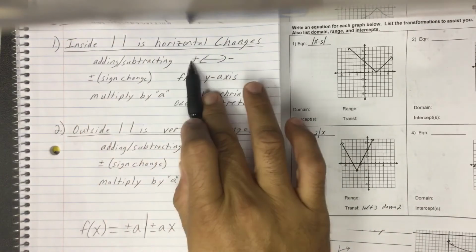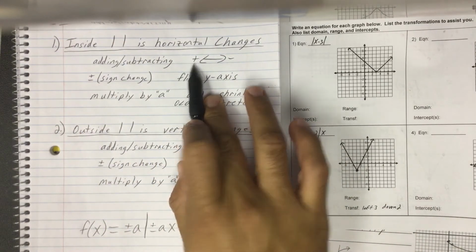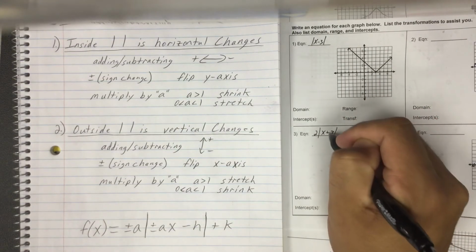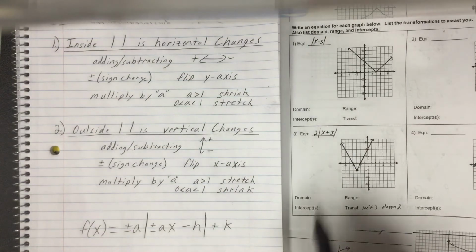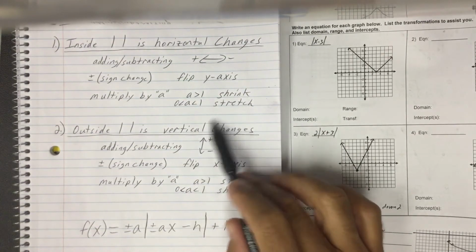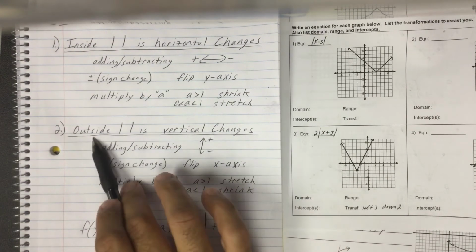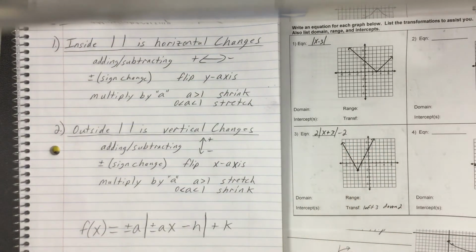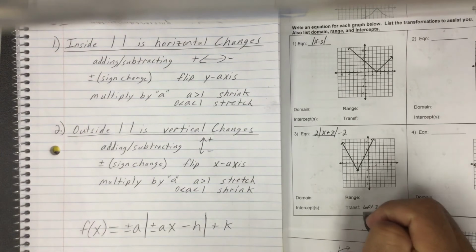That's an inside adding. So it's plus 3 on the inside. And close the absolute value. And then it moved down 2. Down 2 is subtracting on the outside. So it's minus 2 on the outside. Okay? And it got vertically stretched.